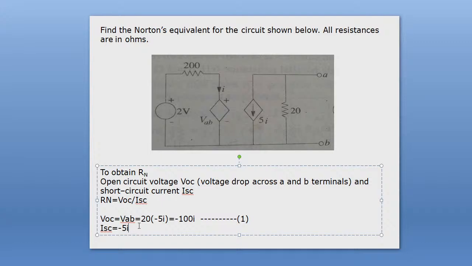Short circuit current is minus 5I. Now you tell me what will be the value of I?